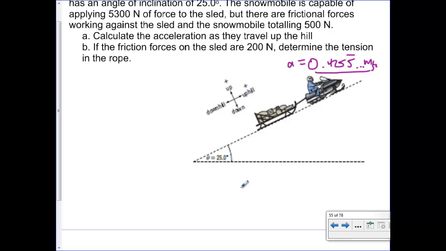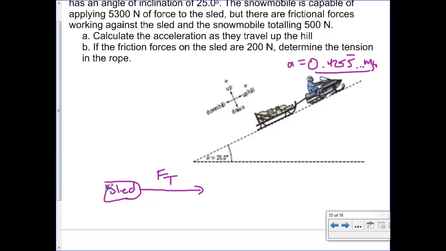Okay. So for solving part B, the concept for finding tension in a rope would be don't treat this thing as one big system. Now consider these things individually. So if you're considering the sled itself, what forces are acting on the sled? Well, in this direction here, uphill, there is tension in the rope that is pulling the sled up the hill. Make sense?